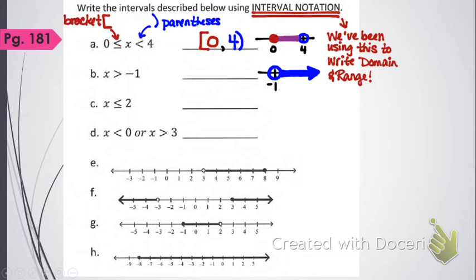So I'm going to write this idea right here using interval notation. What's the smallest number, the one farthest to the left? -1. Would I use a parenthesis or a bracket around my -1? What'd you say? Parenthesis. Why? Because it's not a greater than or equal to.